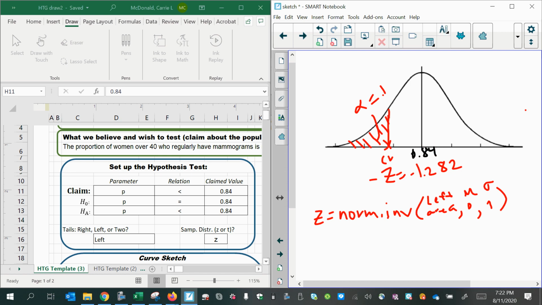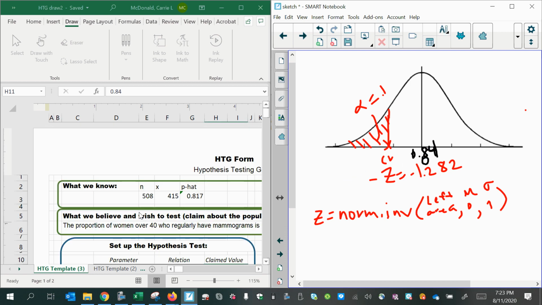I meant to say my population proportion if the null hypothesis is true. And that would have a corresponding z-score of 0. And whatever this sample proportion that we got from the sample is, which here it is 0.817, that's going to be somewhere here on the left too. And that will be a boundary. And let's just say it's here for now, 0.817.